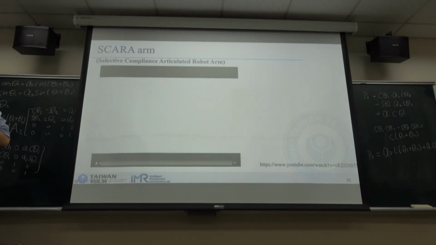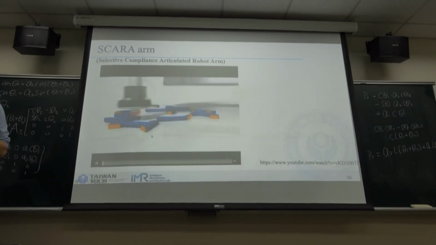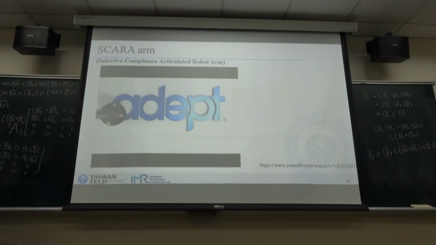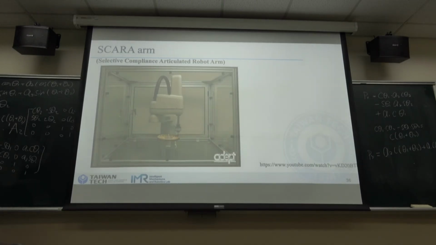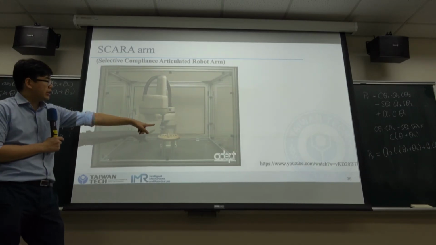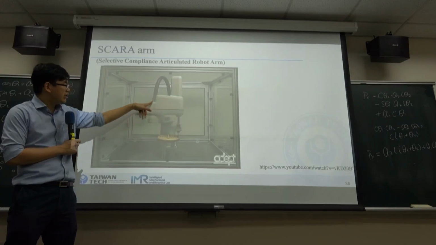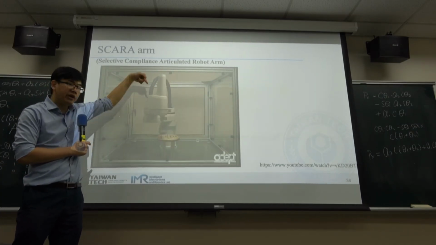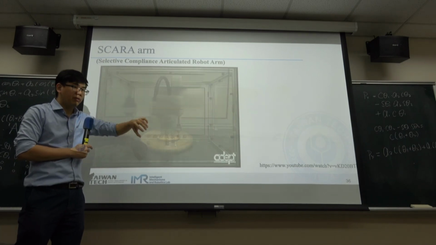And this is a SCARA. So the first joint is a revolute, the second joint is a revolute, the third joint is a prismatic going downwards, and the fourth one is also a revolute.